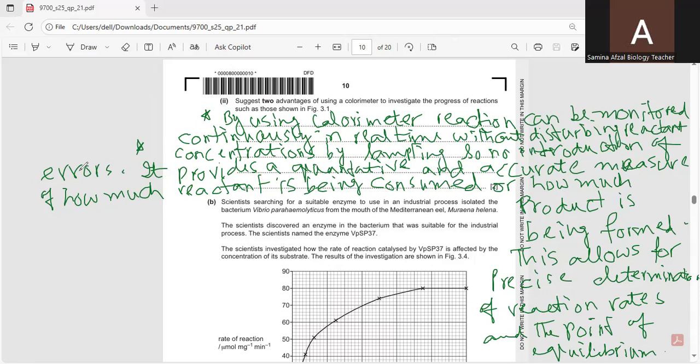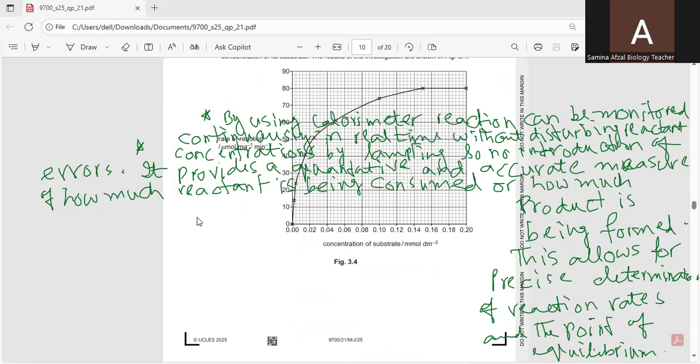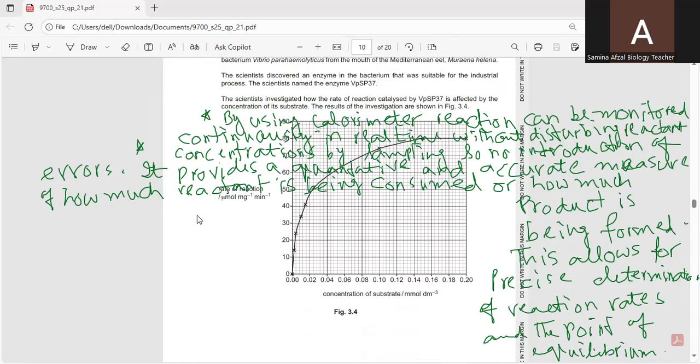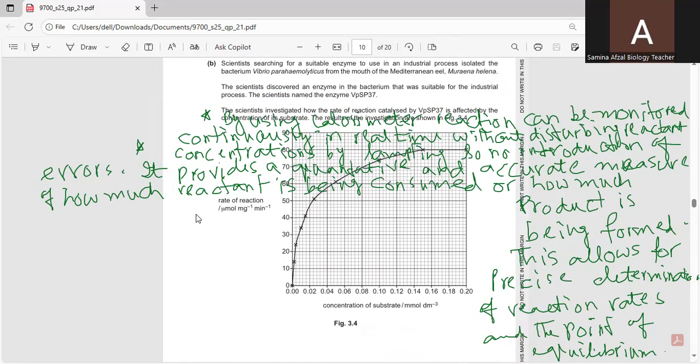In this way, it is very helpful, and by using this, we have great advantages to perform the different enzyme catalase reactions.